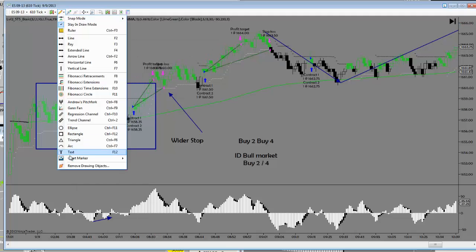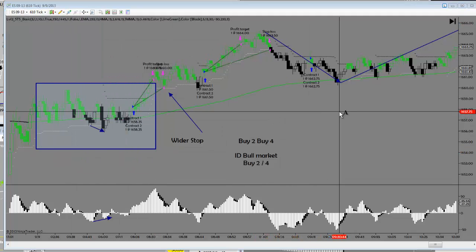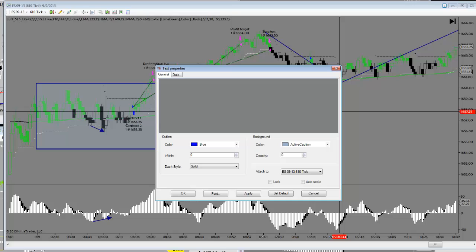Okay, so one change in one parameter produces this result. So we talked about widening the stop, and remember that's the trail stop on C2, which is contract 2. We reduce number of trades, which means we have a reduction in trading costs.